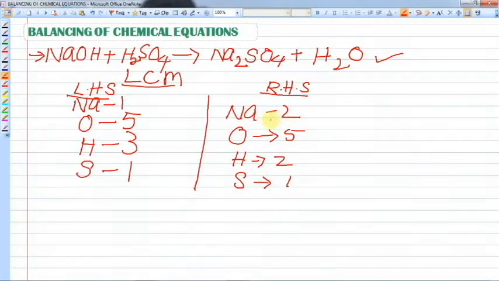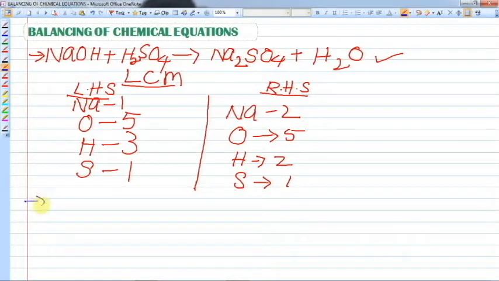How can you equate it? First of all, we have to write the coefficient 2 before the sodium hydroxide formula. That means the second step.